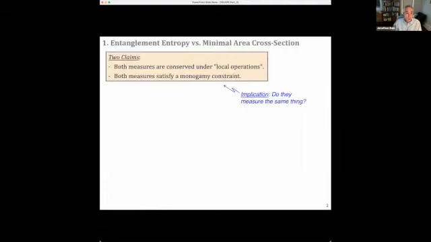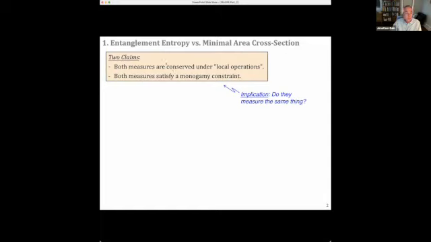First part, entanglement entropy versus minimal area cross-section of a wormhole. So again, there are two claims here. The first general claim is that entanglement entropy is the appropriate measure of entanglement that corresponds under ER equals EPR to minimal area cross-section of a wormhole, on the other hand.